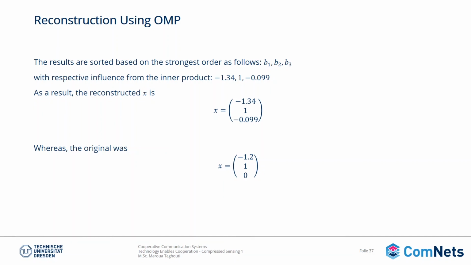But this is just an example using three elements. So if we remember that compressed sensing works usually on high dimensional signals, which have hundreds of elements to represent, in that case perfect reconstruction could be possible.